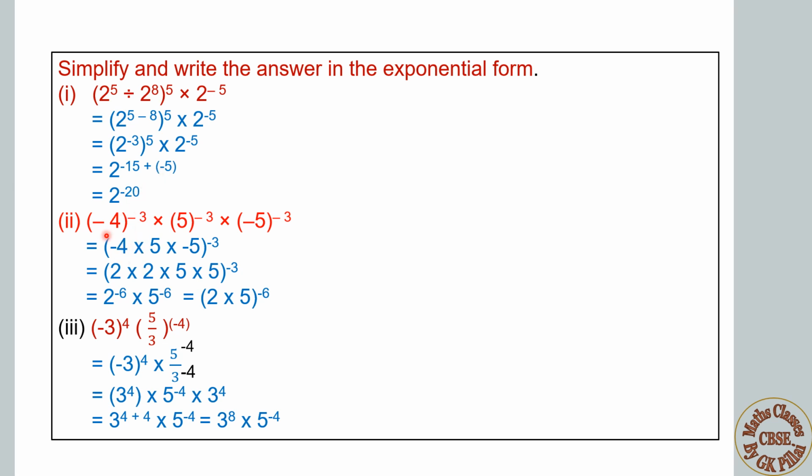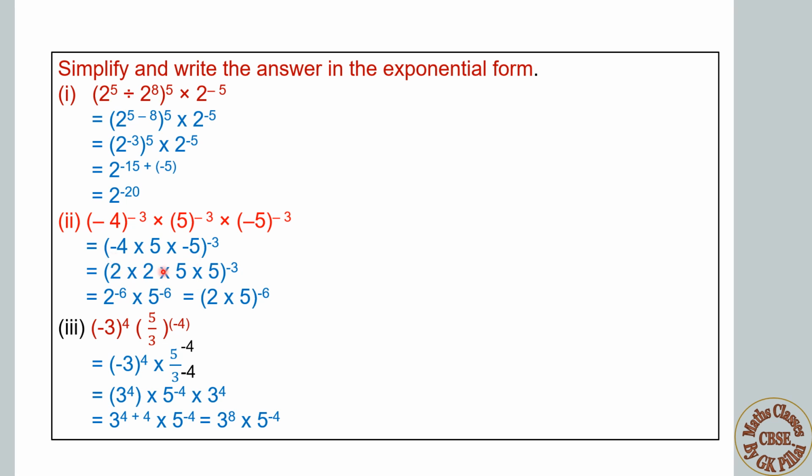The next one, minus 4 to the power of minus 3 into 5 to the power of minus 3 into minus 5 to the power of minus 3. Here the bases are different, but the powers are the same. So we can put it in a single bracket, minus 4 into 5 into minus 5 and the whole power minus 3. Now this will be minus 4 into minus 5, minus into minus will be plus.